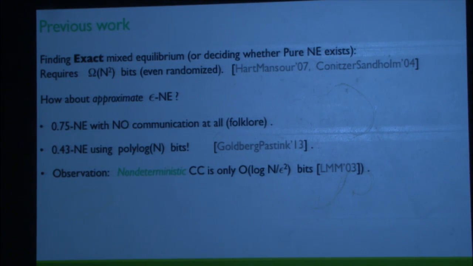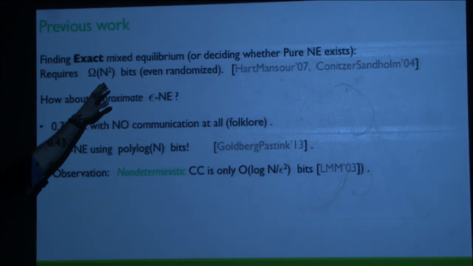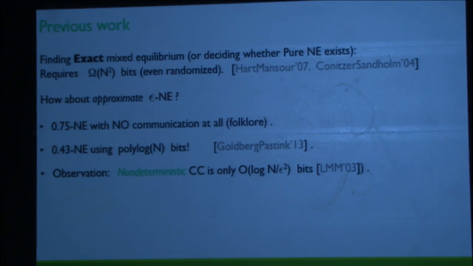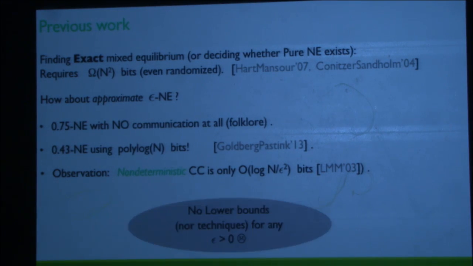So Merlin comes, he writes down the support of the sets. The players simply check privately whether the uniform distribution over these supports forms an epsilon approximate equilibrium. This is by no means the case for the exact equilibrium case. So this shows you that there's a conceptual difference between the exact problem and the approximate problem.